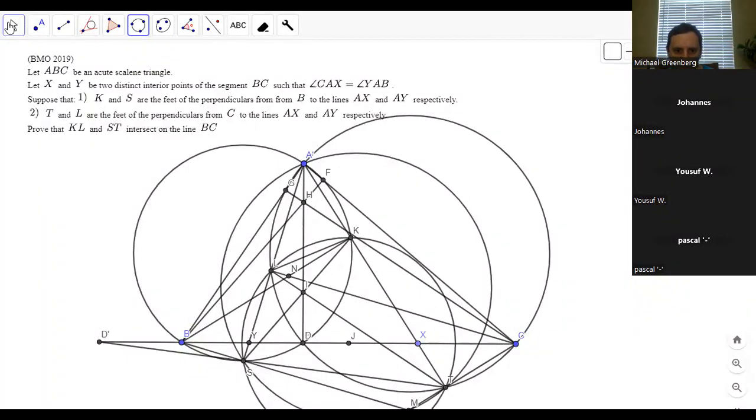LT is perpendicular to AB. Okay, so we could show J is the center of this, is what you're saying. Maybe we could use Brocard's theorem.